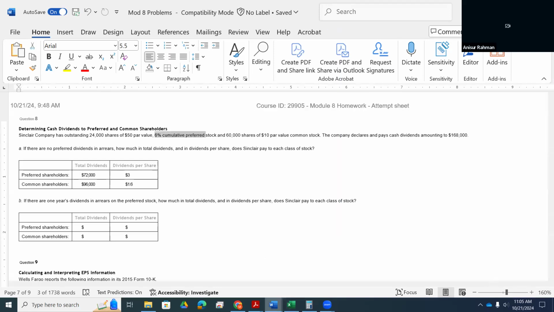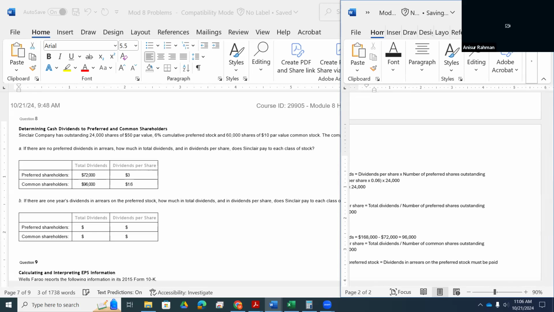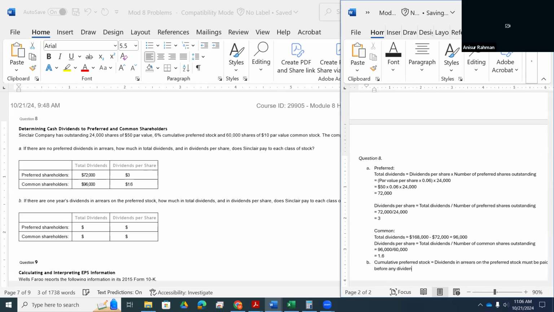So cumulative basically means dividends in arrears on the preferred stock must be paid before any dividends are paid to the common stockholders.